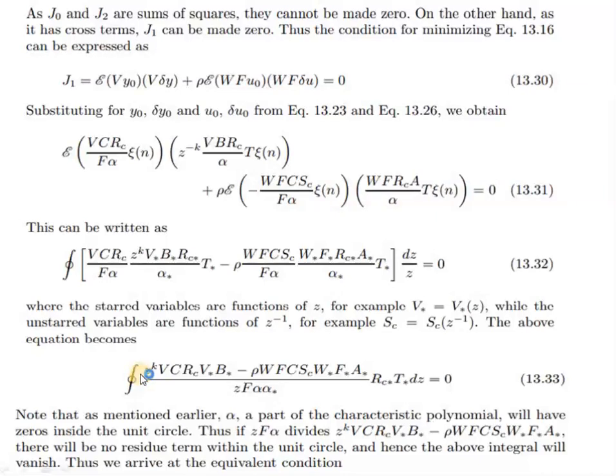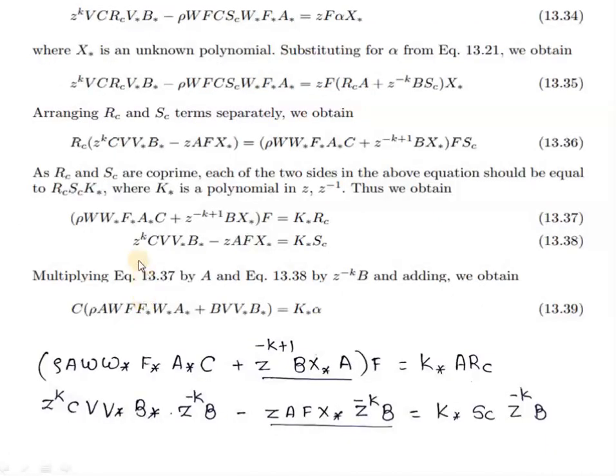Due to the vanishing of the integral term, we can generalize this equation as follows. Here you can see, as the integral term vanishes, we can write the previous equation as it is. Here we take the denominator to the right hand side, and we have introduced one new polynomial, that is x star.